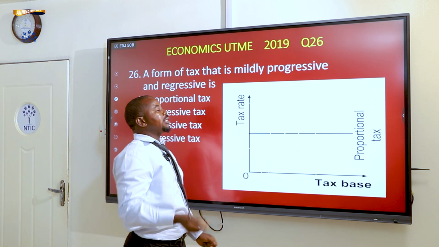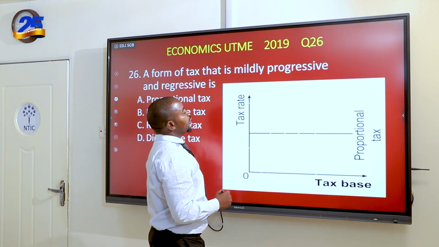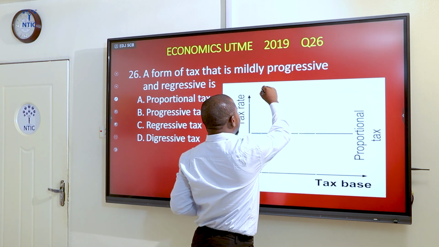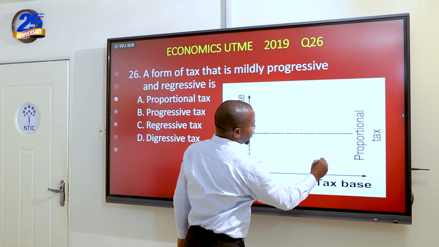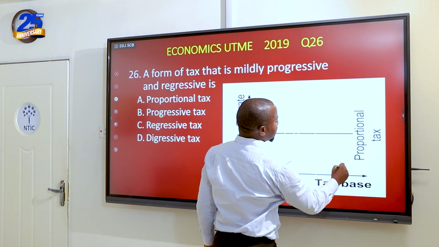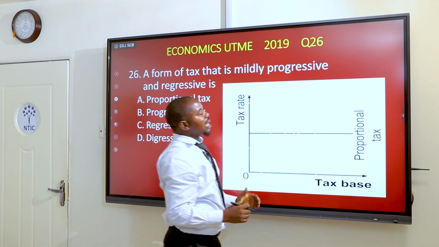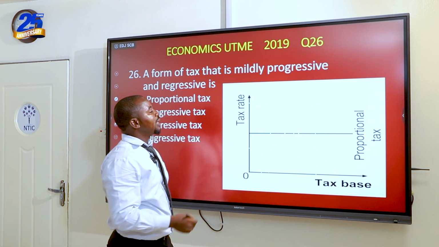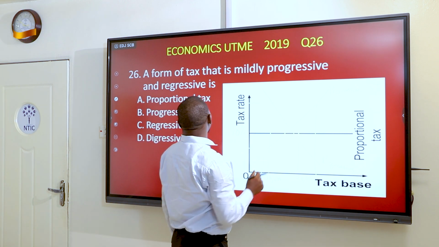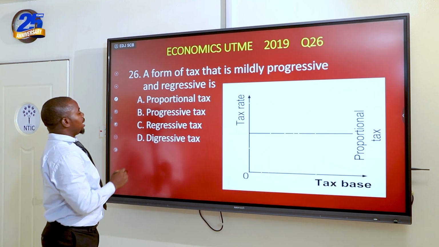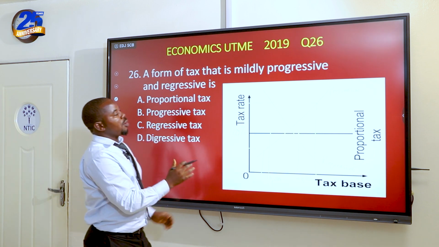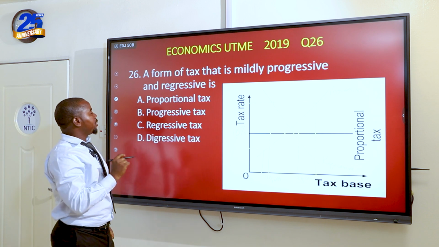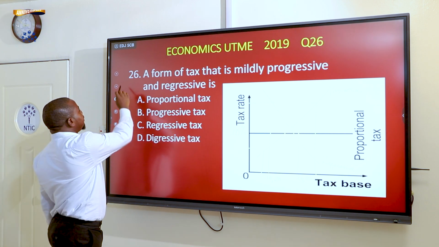Then if you twist it this way, you're going to have something like this, and that's regressive tax. Regressive tax is where the tax rate increases as income decreases. So the lower the income, the higher the tax rate. So the correct answer is proportional tax, because it is on a flat rate. The rate remains the same irrespective of the level of income.